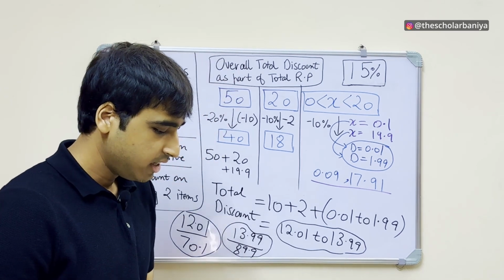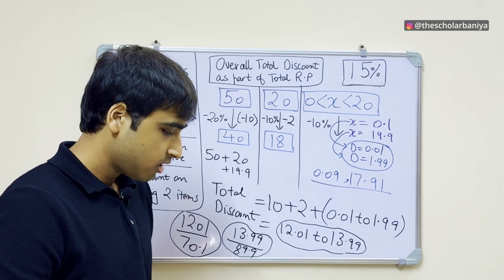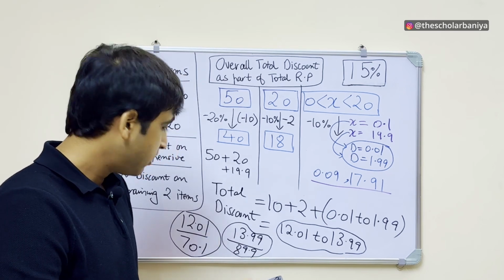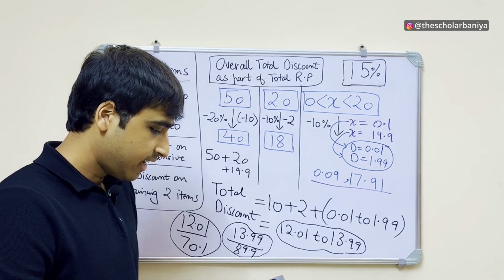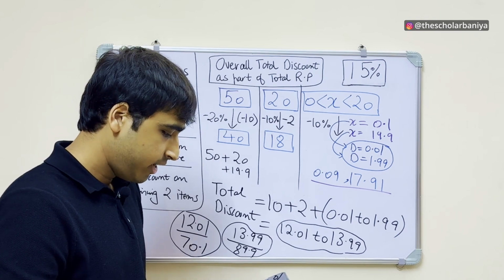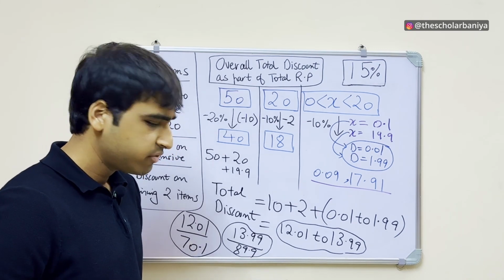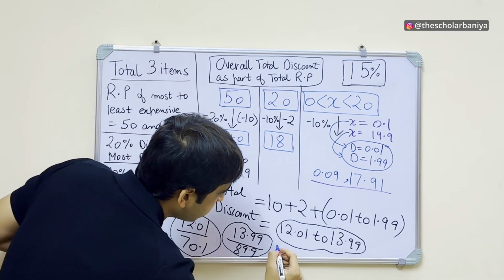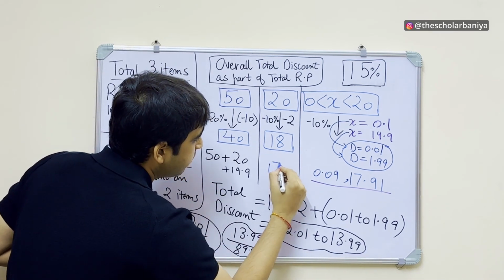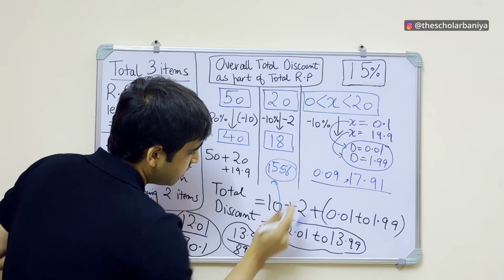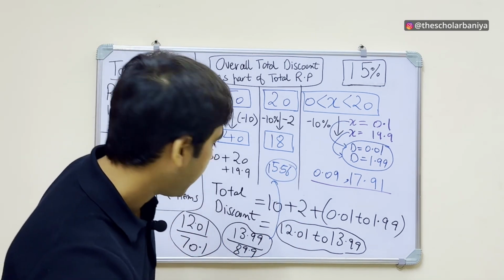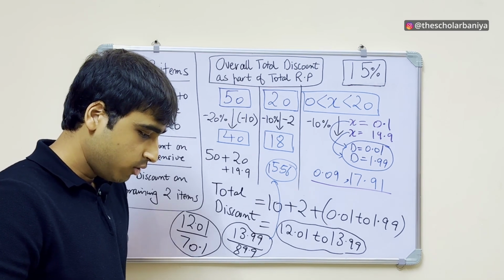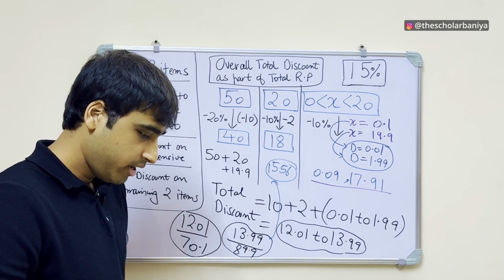So if you actually solve these both parts, let's try and solve this. So what you'll get is 13.99 divided by 89.9. This is 15.56. So this comes out to be this part, 15.56, this one, right? And what about this? 12.01 divided by 70.1.